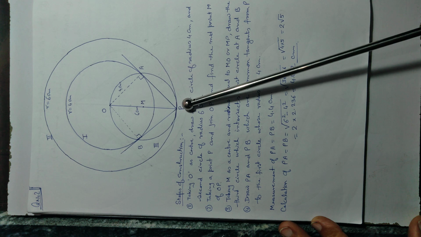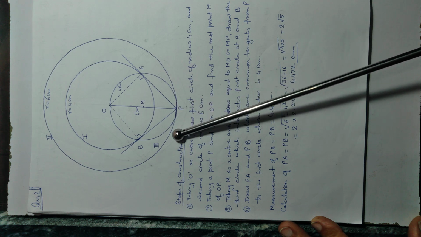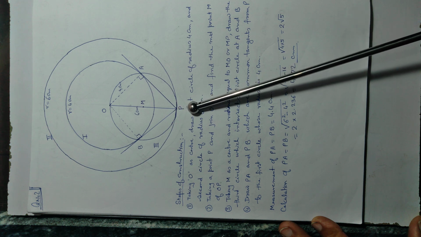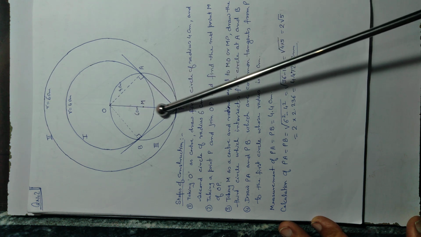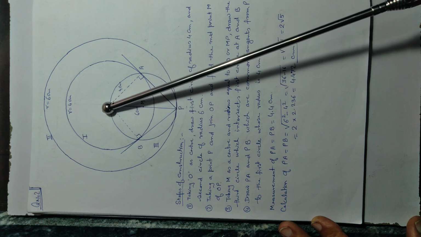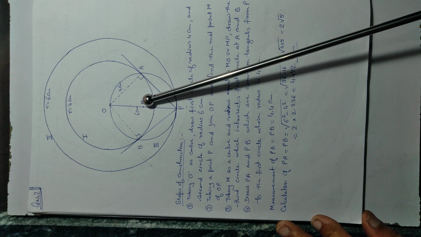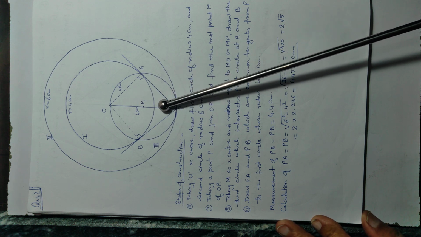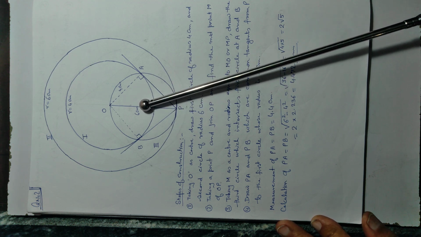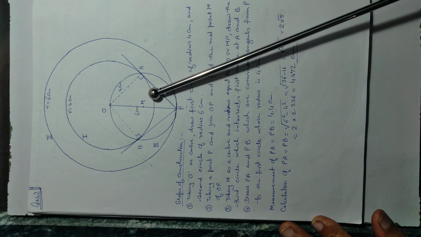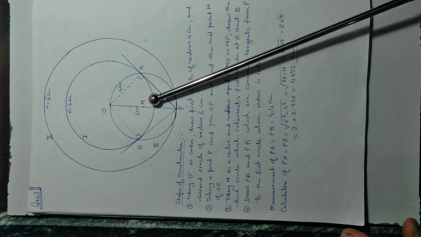Taking any point P on the second circle, join PO and find the midpoint of it. Let M be the midpoint. Geometrically you have to find it. M is the midpoint.